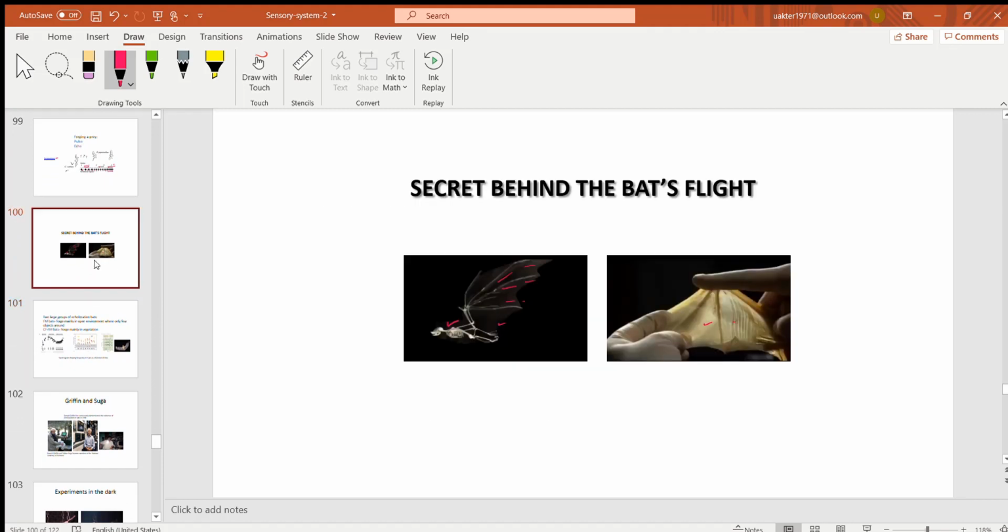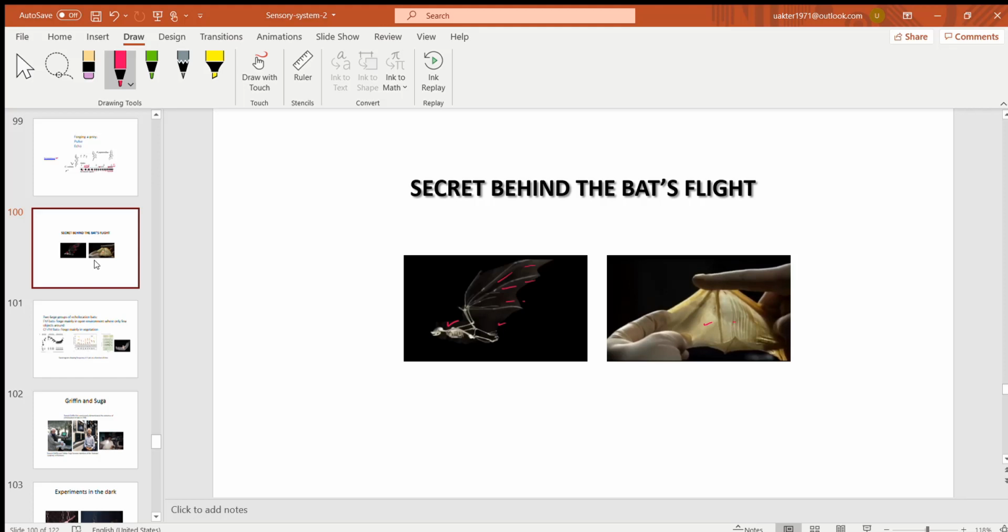Before the scientists discovered that bats use echolocation, they were very puzzled. They didn't know how the bats locate the prey so specifically.